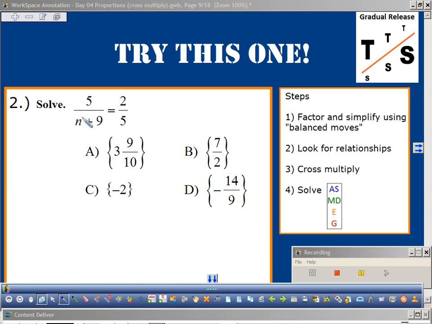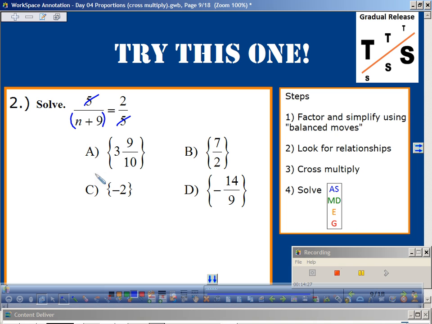Before we go any further, this is n plus 9, right? Can I do this? No. Is that a balanced move? No. In order to get rid of 5, wouldn't I have to multiply both sides by 5?